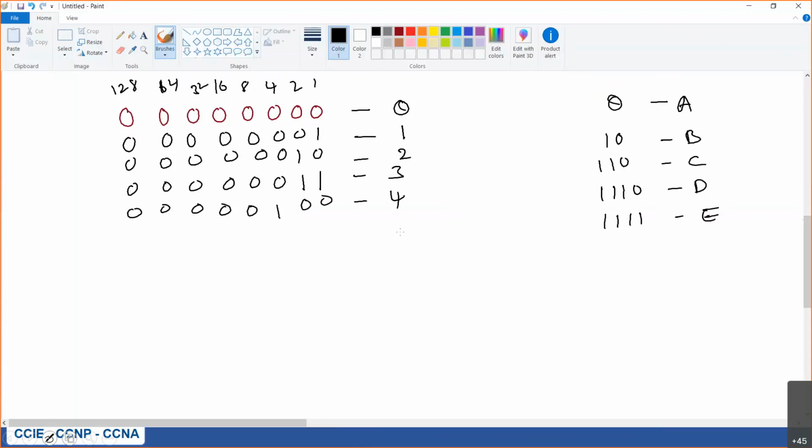How can I write 5? 4 plus 1. If we keep on writing, how can I write 127? All ones, with the first bit 0. How can I write 128? 1, all zeros.